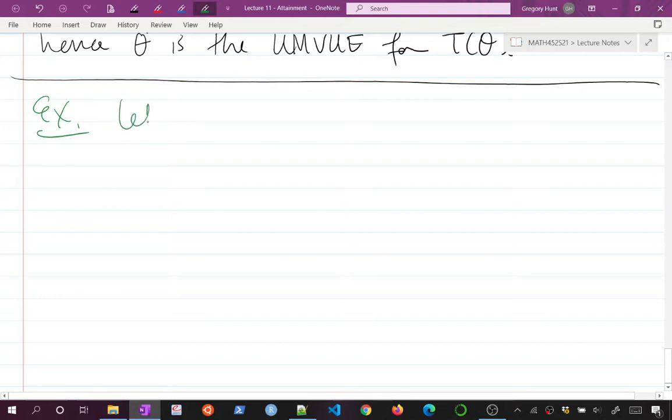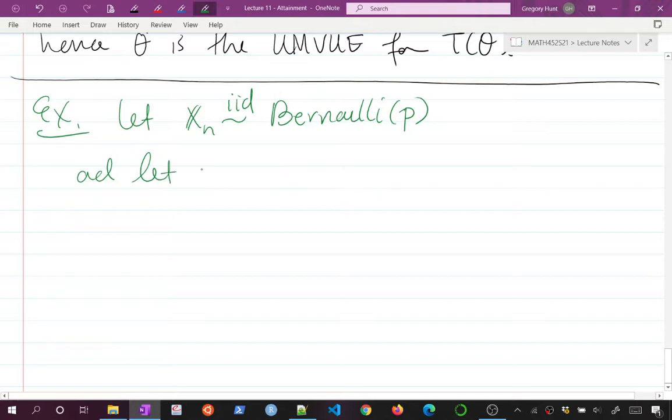So let's say our data comes from some Bernoulli distribution, depending on some parameter p. And what do we want to call it? Not theta hat, let's call it p hat, be x bar. That's what we'd call it in intro stats, right? p hat is x bar.